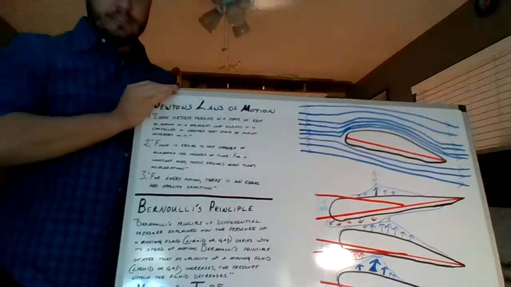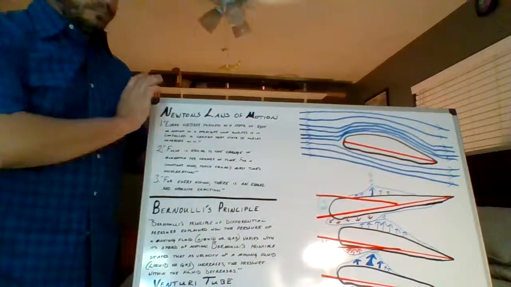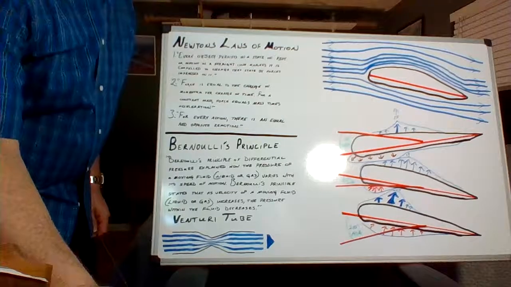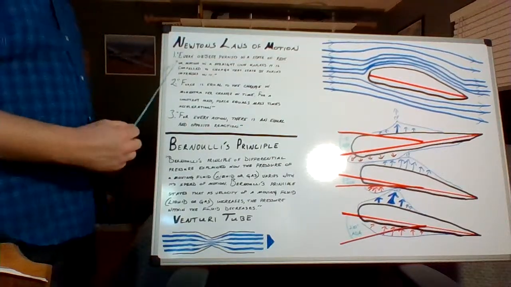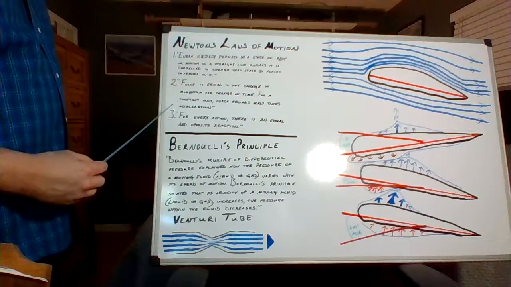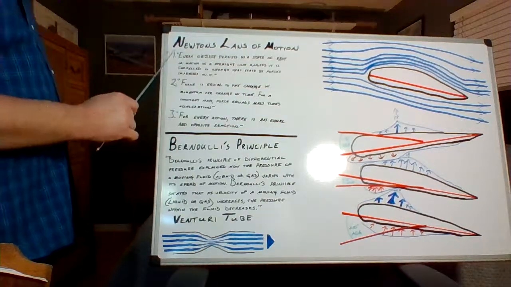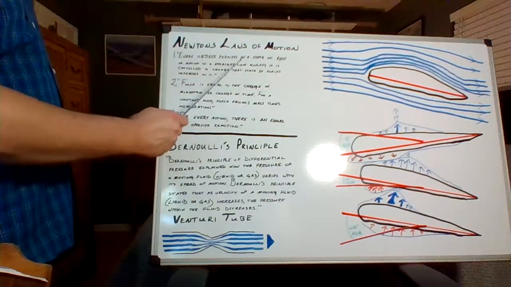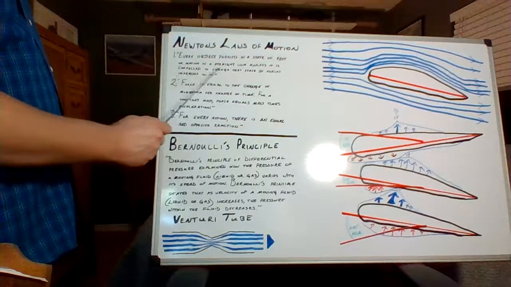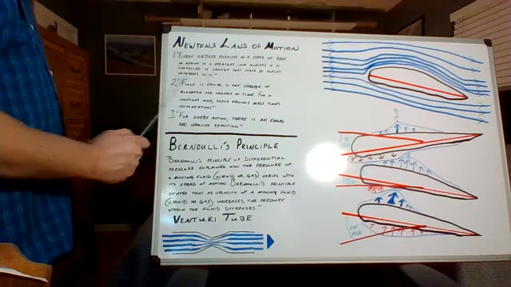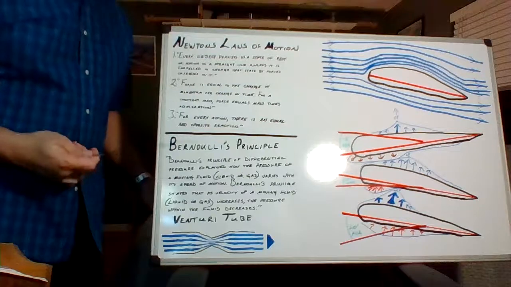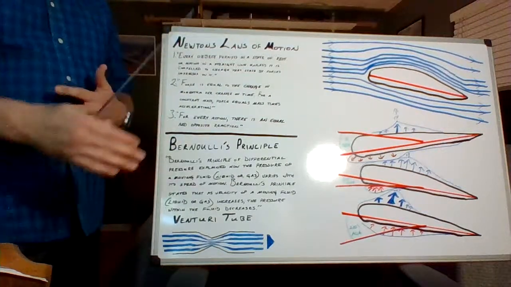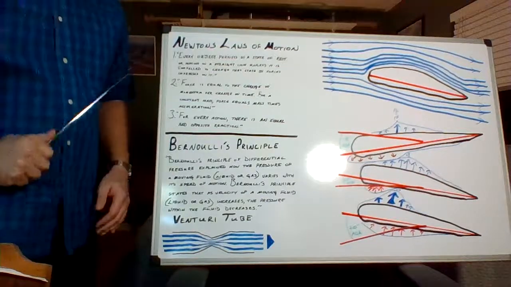These are the three laws of Newton's laws of motion, and the first one is: every object persists in a state of rest or motion in a straight line unless it is compelled to change that state by forces impressed on it. Basically, this is the law of inertia. If you put an object into motion, it will stay in motion unless acted on by an external force.